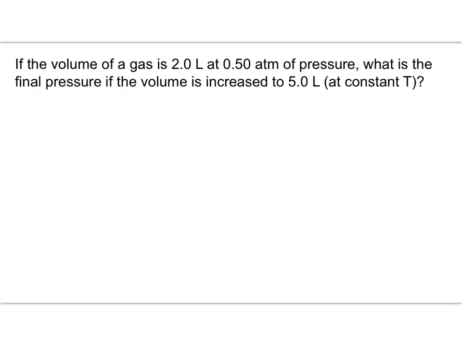So, a typical gas law problem. The volume of a gas is 2 liters at 0.5 atmospheres of pressure. What is the final pressure if the volume is increased to 5 liters at constant T?